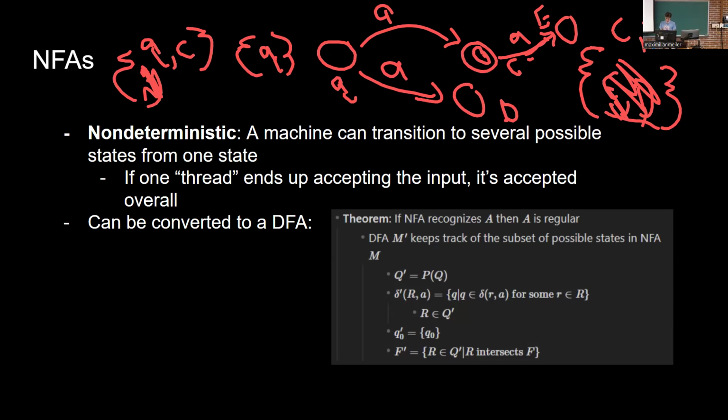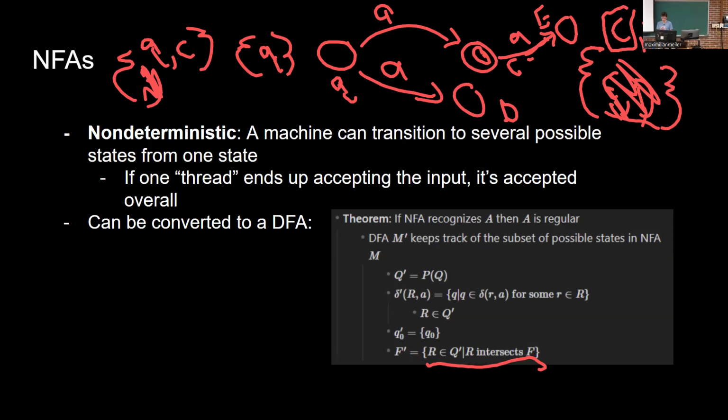The states in the new machine are just the power set of all the states in the old machine, essentially every single possible combination. And an interesting thing here is that for a set of possible end states to be accepted in this new machine, this DFA, only one of the states in your collection has to be in the old machine's accept states.